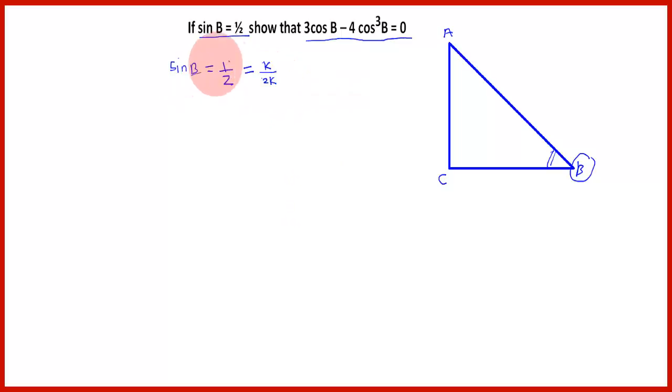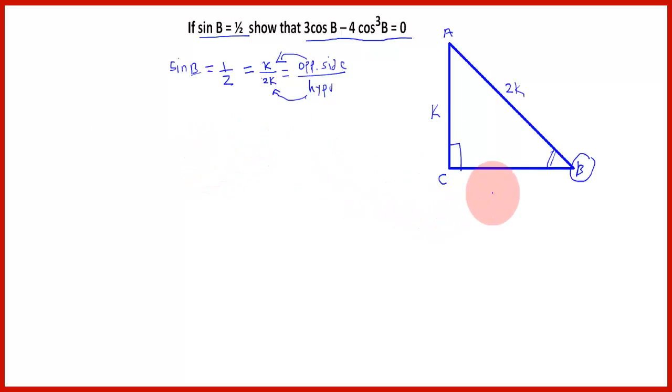So sin B is equal to k upon 2k, and sin theta is opposite side upon hypotenuse, and therefore opposite side is k and hypotenuse is 2k. Angle B is here, its opposite side is this, so this side will be k and hypotenuse will be 2k. This C is right angle.